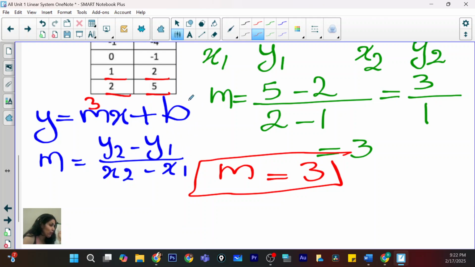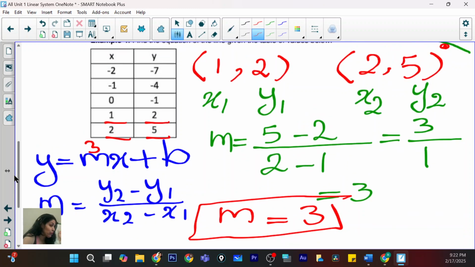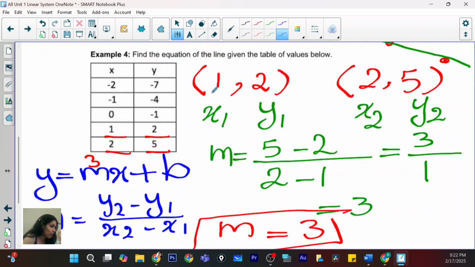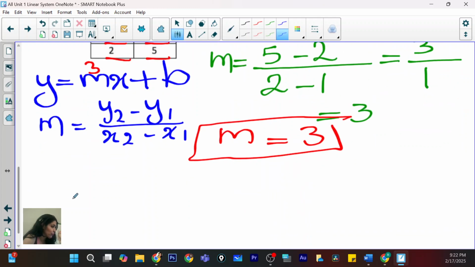We need to find b. As I told you before, we are going to plug one of the points into the equation and find b. So I'm going to plug 1 and 2, 1, 2, x1, y1.